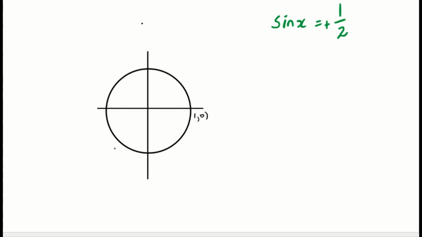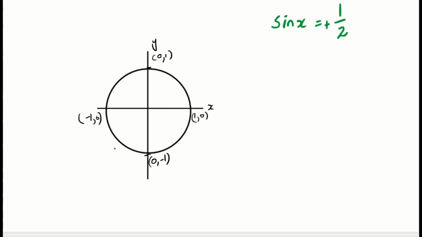So from here, 1, 0 is the first point on the positive x-axis, and on the y-axis we have x is 0 and y is 1. For the negative y-axis, we have 0, minus 1. For the negative x-axis, we have minus 1, 0.